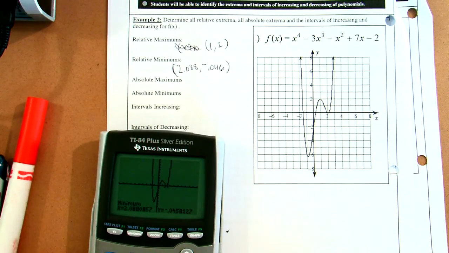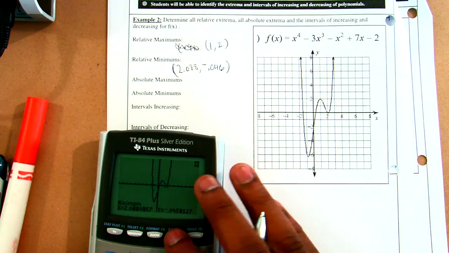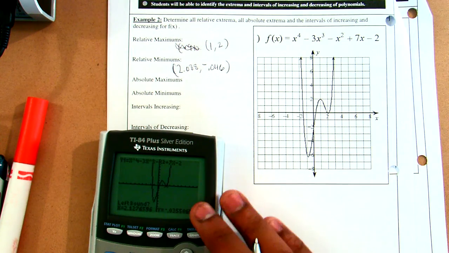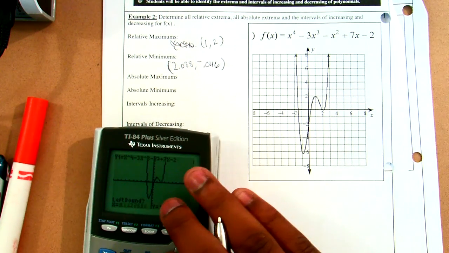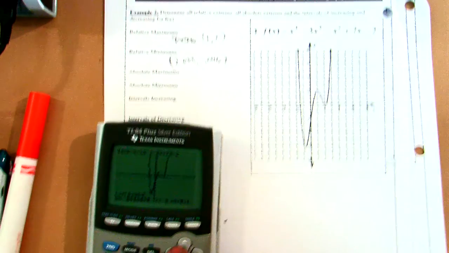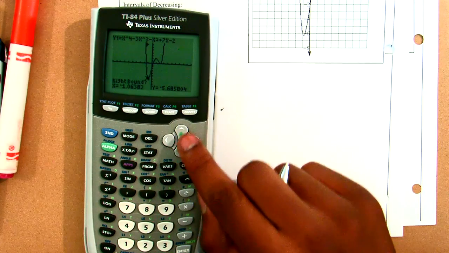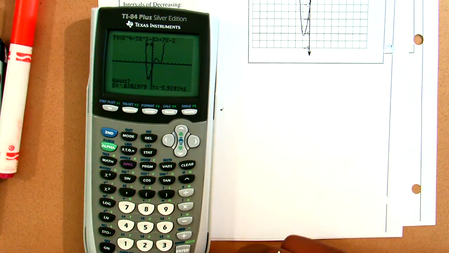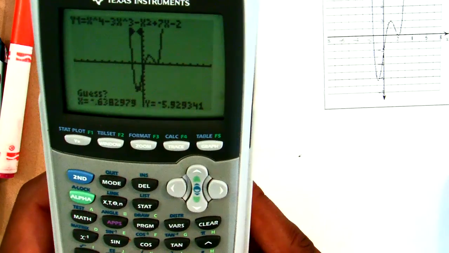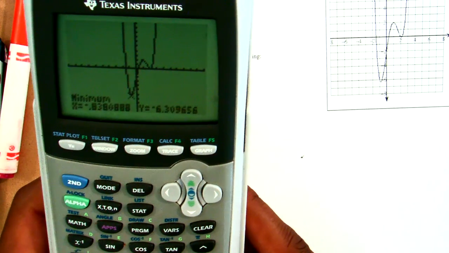Now we're going to do it again. Second trace 3. Go all the way down to the lowest point. You hit left bound, enter, right bound, enter, guess, enter, and you come up with your point.